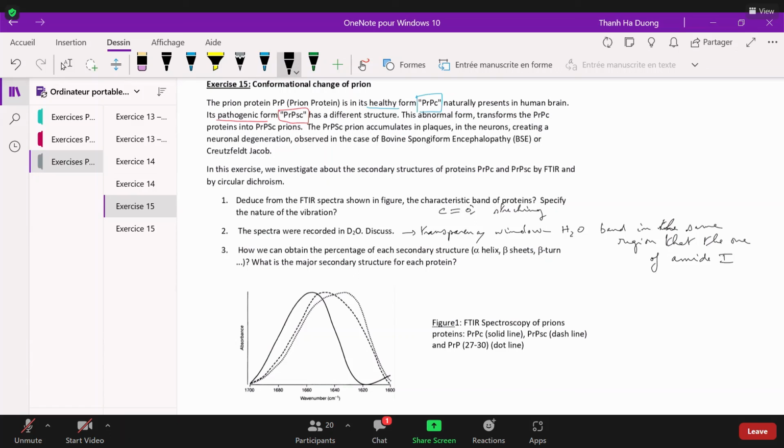Okay, so here it's the amide I band corresponding to the CO stretching. So how can we obtain the percentage of each secondary structure? It's a mathematical treatment, the deconvolution.